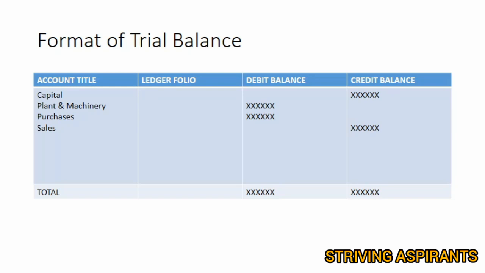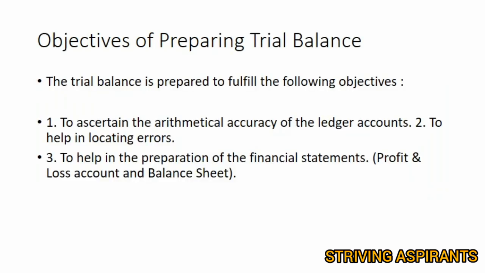For example, capital account is having a credit balance, plant and machinery a debit balance, purchases will be having a debit balance, sales will be having a credit balance. So after entering all the account balances, we have to total the debit balance and credit balance, and that should be equal. If that is not equal, we can ascertain that there will be a mistake.